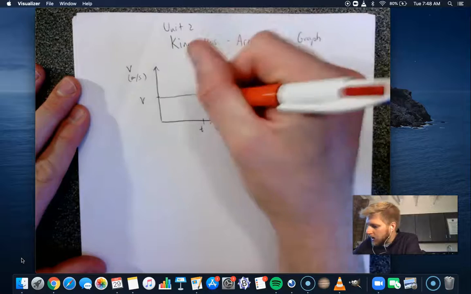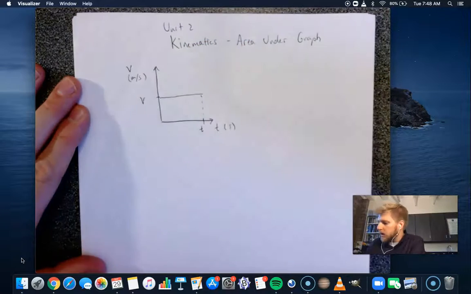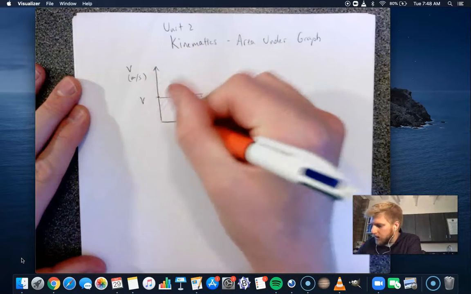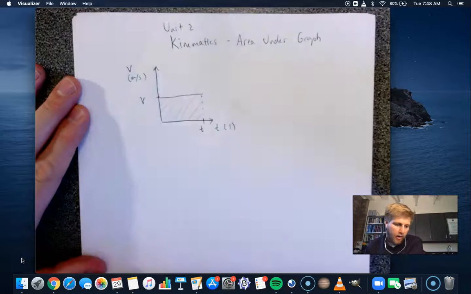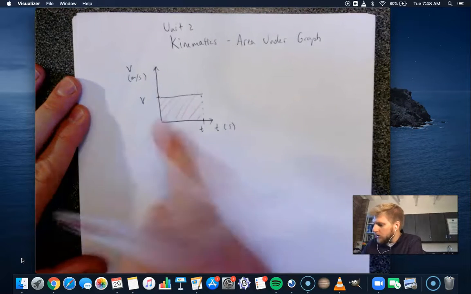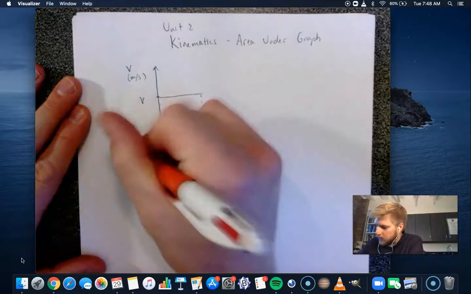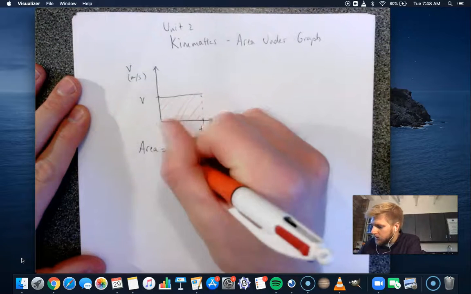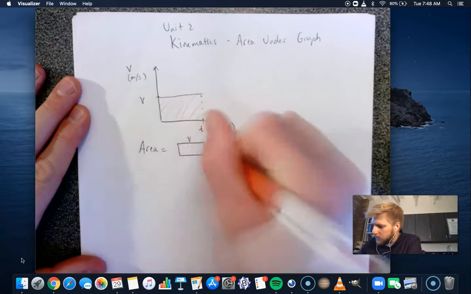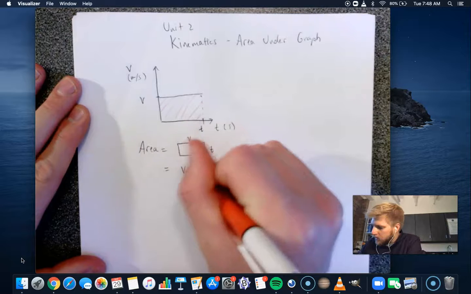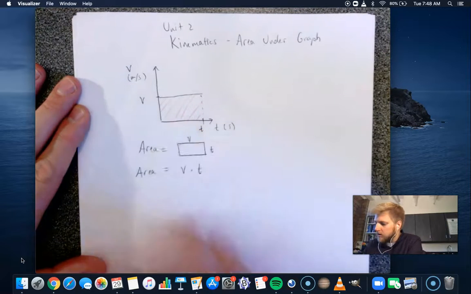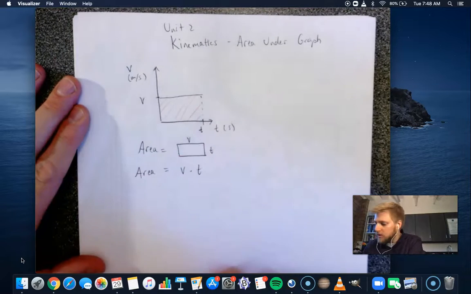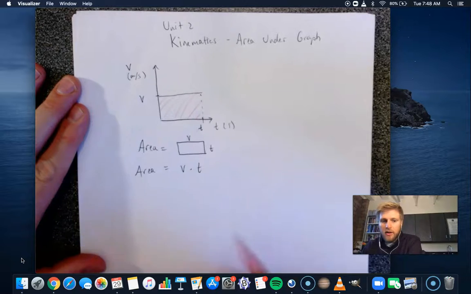Okay, and so what we're going to do is I'll just shade that in there, we're going to look at the area under that graph. And you all know the area of that rectangle is just the length times width. So it's going to be just v times t. Now you might already see what that's going to end up being, but the easy way to do this is let's look at the unit analysis of that.